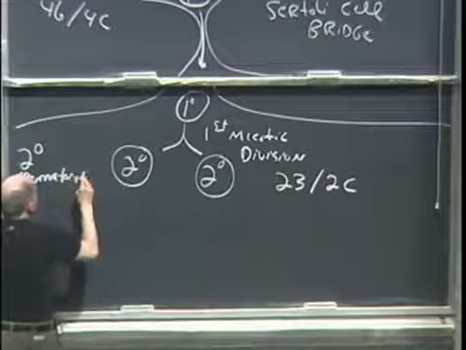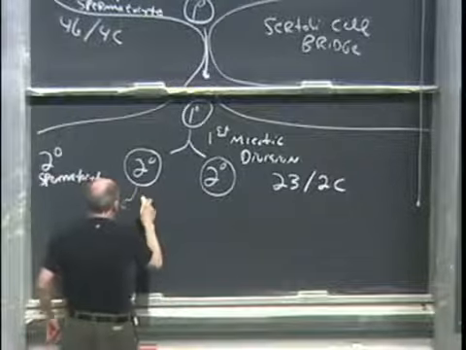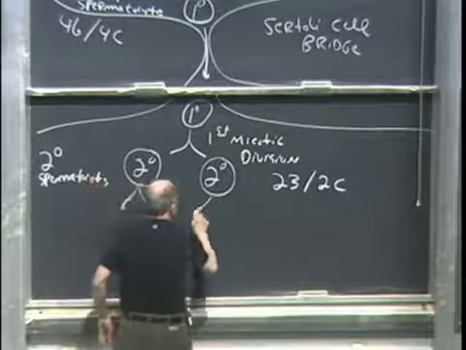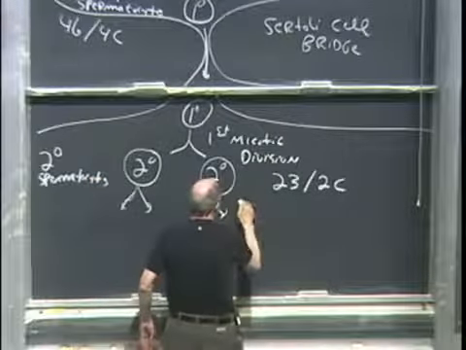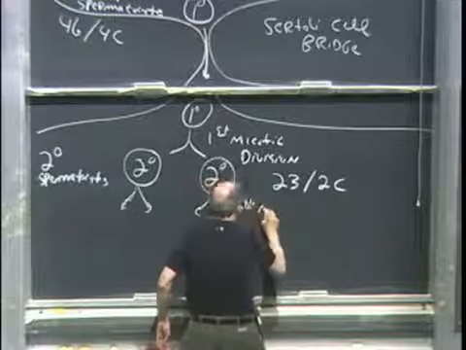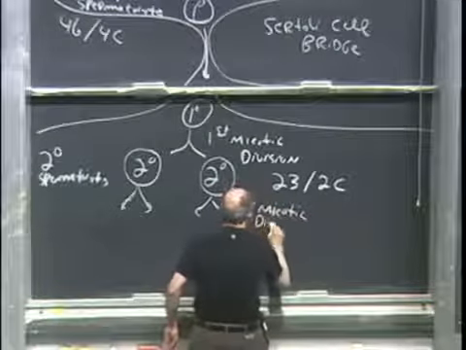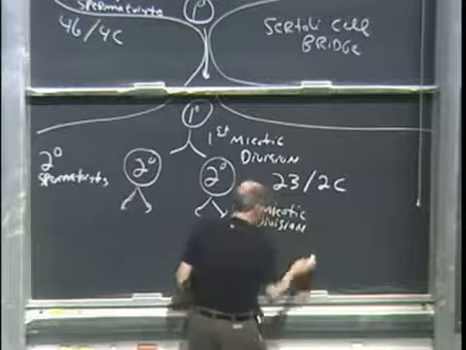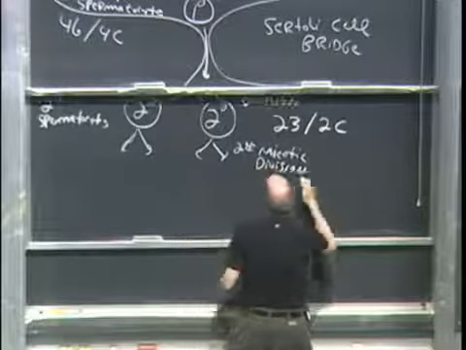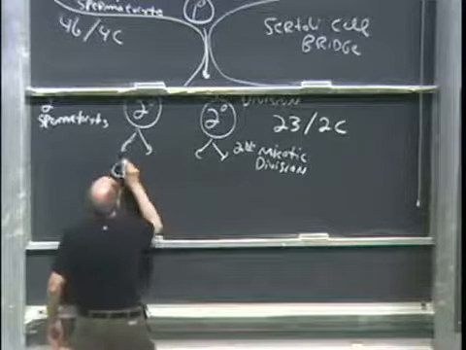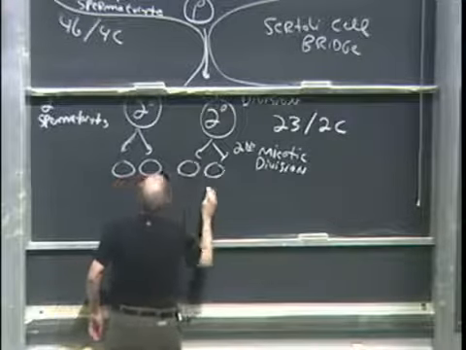And then the secondary spermatocytes each undergo the second meiotic division. And these form 4 spermatids.